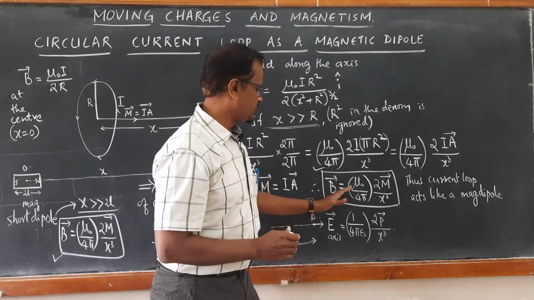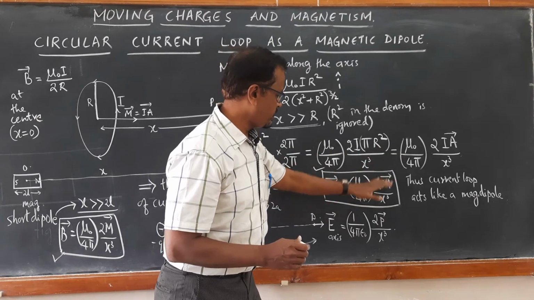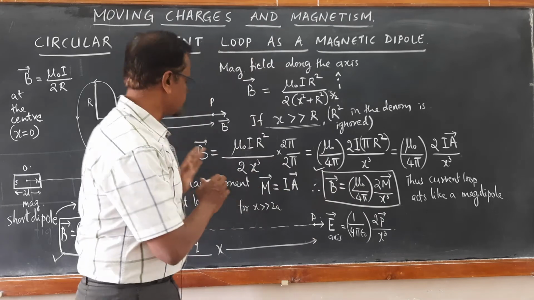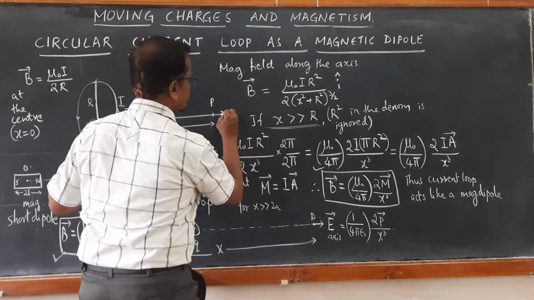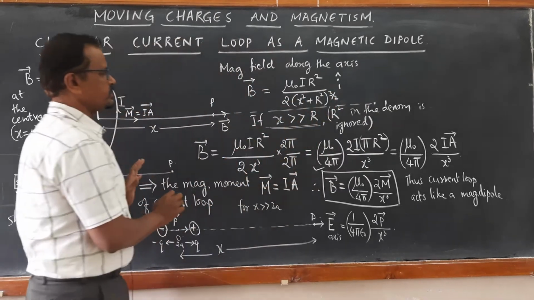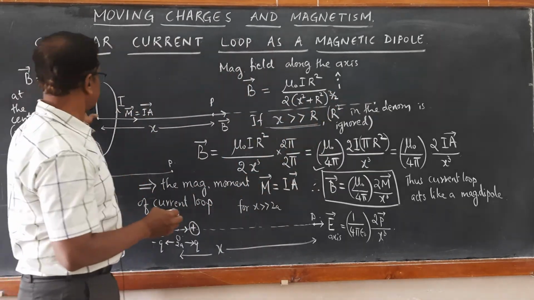Thus, we get mu naught upon 4 pi into 2m upon x cube for a distance x which is very much large compared to the radius.